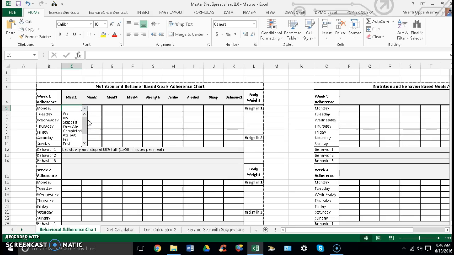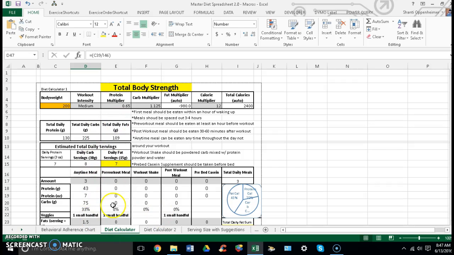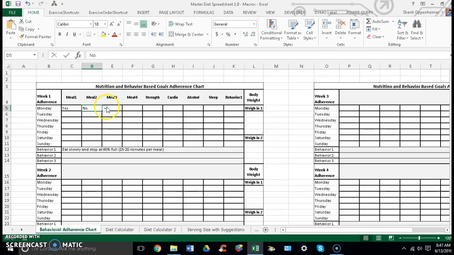If you're not doing advanced nutrient timing strategies, then we just put yes or no. Yes would signify that you ate a meal complying with the recommended nutritional balances on this sheet here. No just means that you didn't.